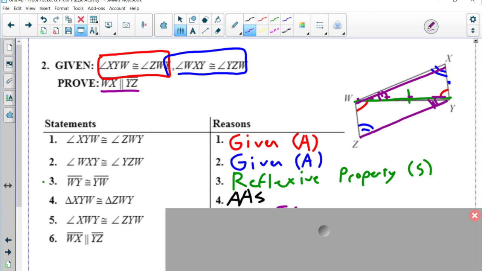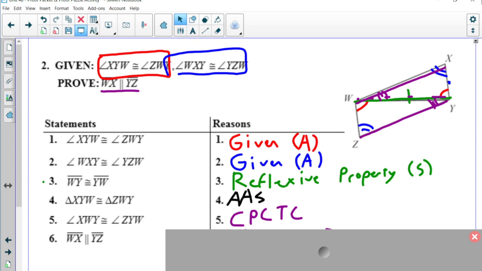And so our fancy name for that was CPCTC. Corresponding parts of congruent triangles are congruent. Those matching sides and angles have to be the same. And now that we know those angles are the same, we take a look at where they are, and we say inside or outside those lines.